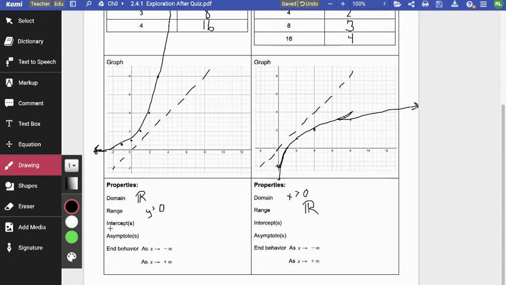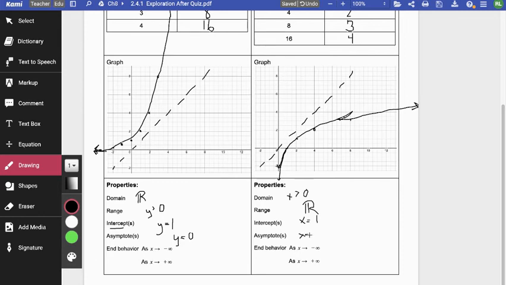Okay, so if we jump back over here, our intercepts, we have a y-intercept at y is equal to 1. That's the only intercept that we see here. And over here, we have an intercept of x is equal to 1. Right? So it's similar properties, but kind of the reverse of each other. We have an asymptote of y equals 0. And over on this graph, we have an asymptote of x is equal to 0.